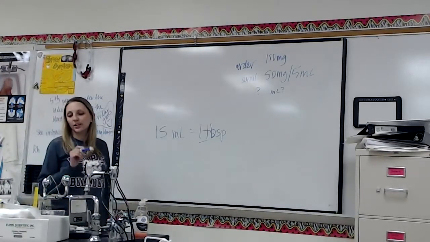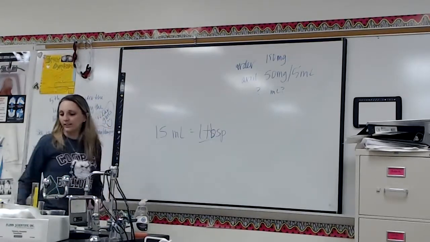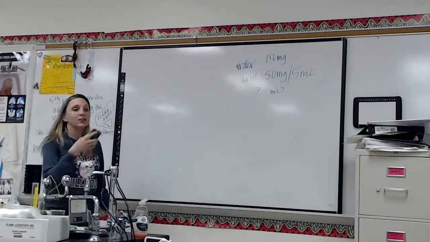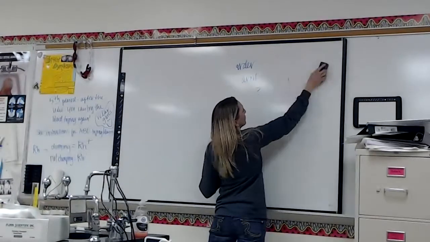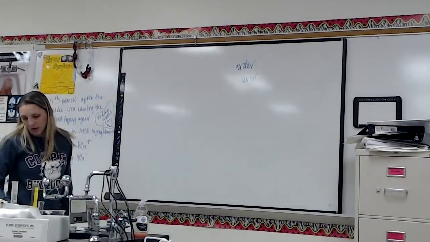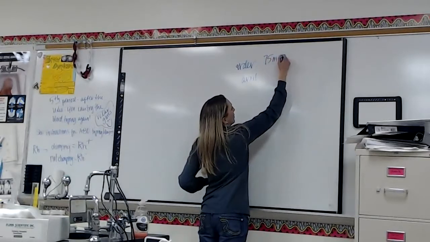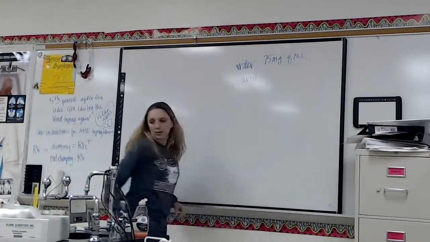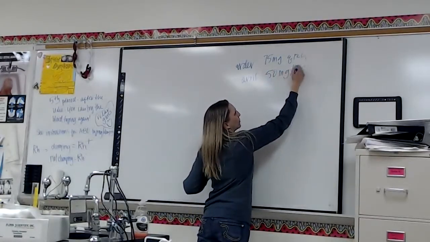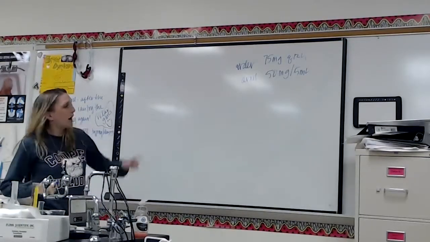Now it says subsequent volume with each subsequent dose to be given in the metric system. Okay, so now let's go back to our order. It's wanting to know how much per dose do they need in the rest of it. Our order then is 75 milligrams every 12 hours. And what we have available again is 50 milligrams per 5 milliliters. So now we need to figure out this dose.